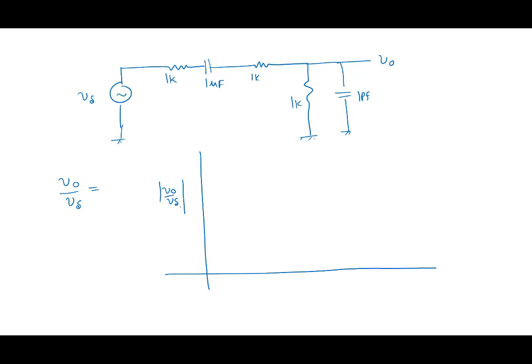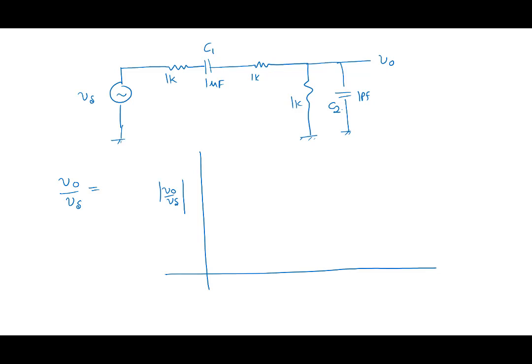Let's call this capacitor C1. Let's call this capacitor C2. Now, investigate the role of each capacitor. What is the impact of C1? Look at low frequency, when it acts as an open circuit, and high frequency, when it acts as a short.